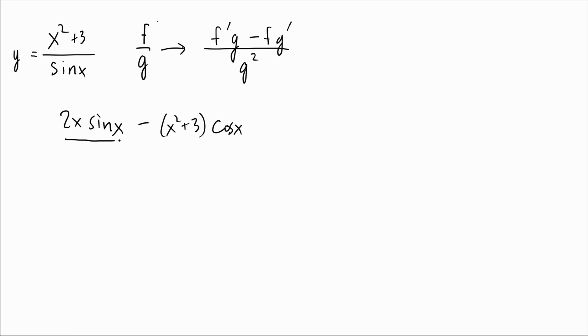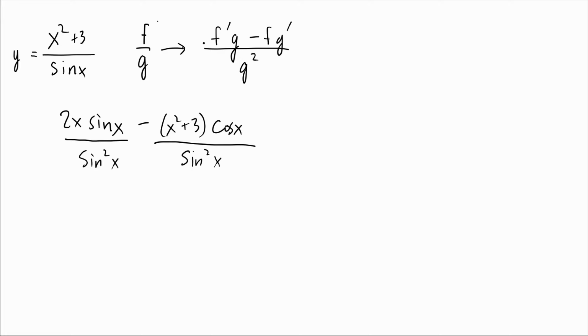And for kicks, we could put this all over sine squared x, which is sine of x quantity squared, or we can distribute the division to this term and that term, so that it would look like this. And I will do this in order to compare the result with the other methods.